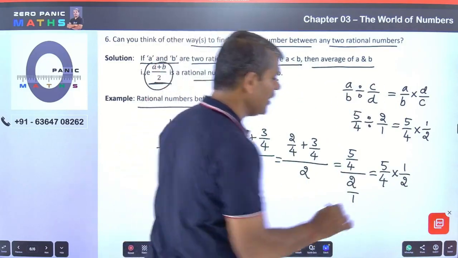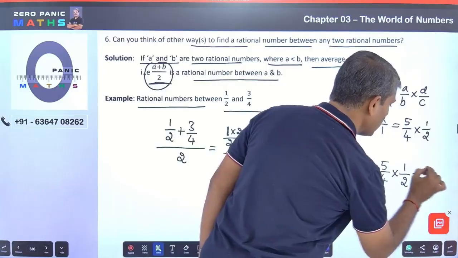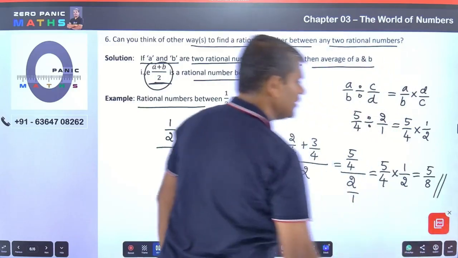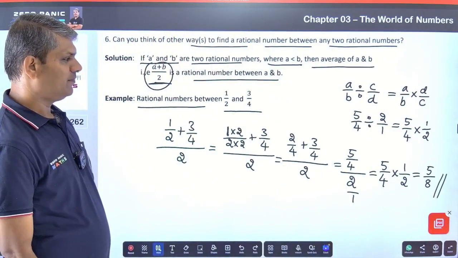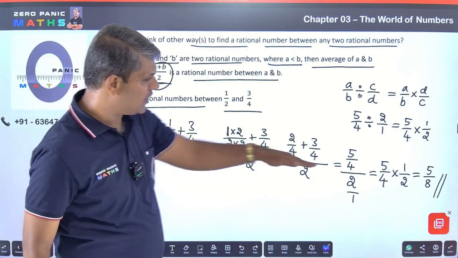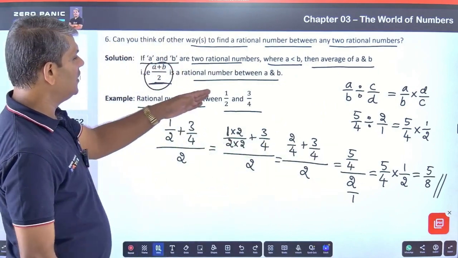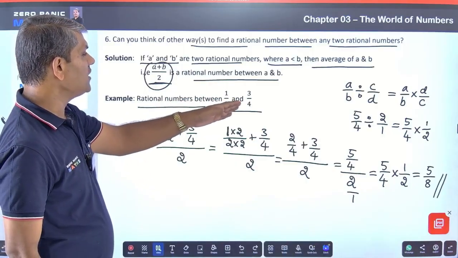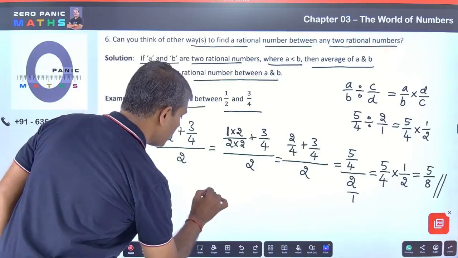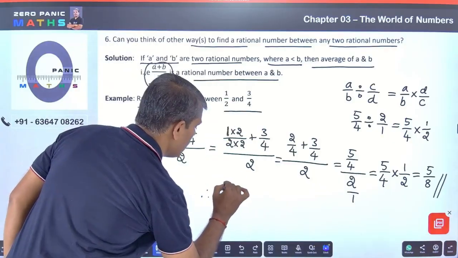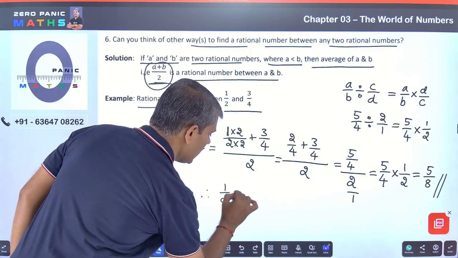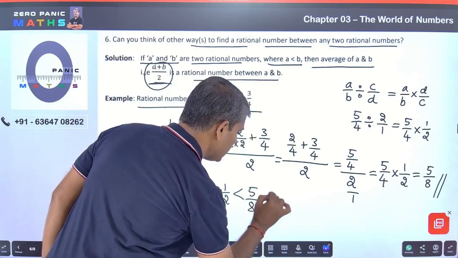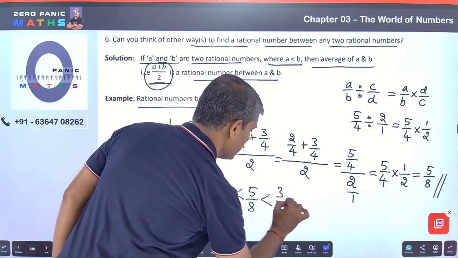Understood, right? So finally it is 5 ones are 5 and 4 twos are 8. This is the answer. So this is how you find the average of two fractions. Therefore I can say 1 by 2 is less than 5 by 8, and it is less than 3 by 4.